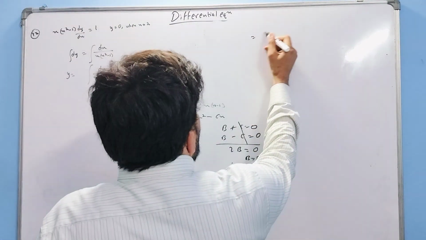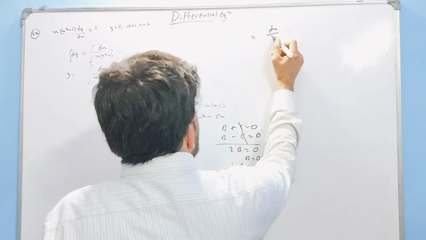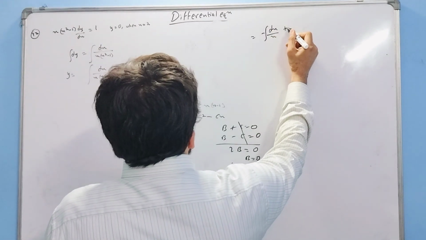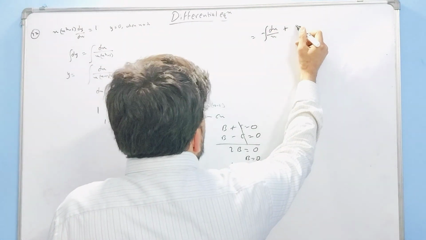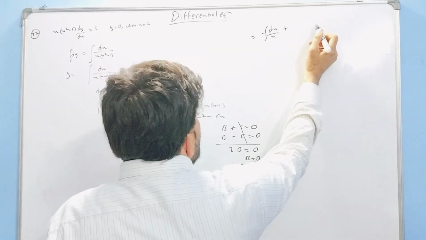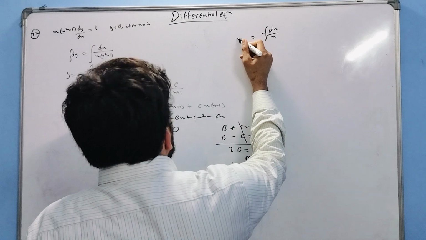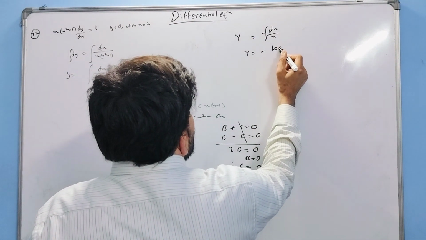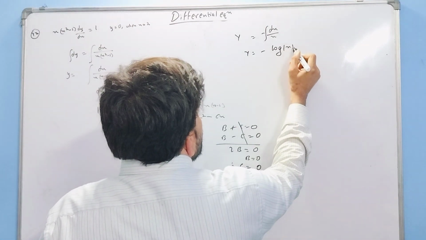I got dx upon x minus 1, and b is 0 and c is also 0, so I got this only. So I got y is equal to minus log of x plus c.